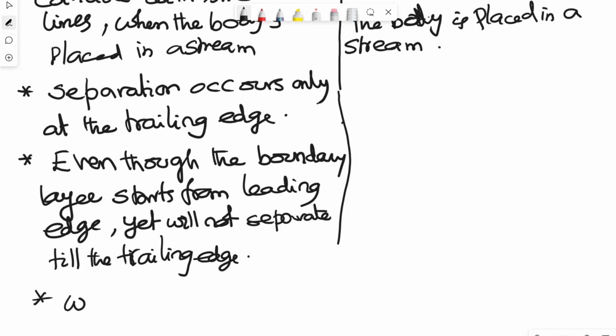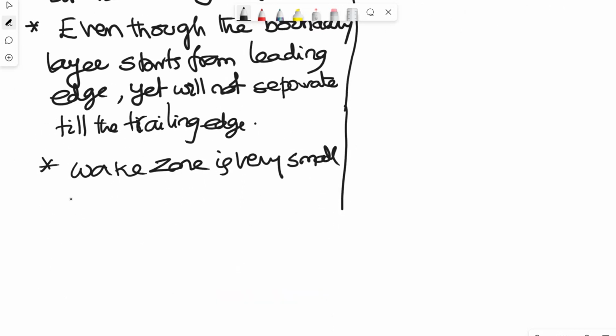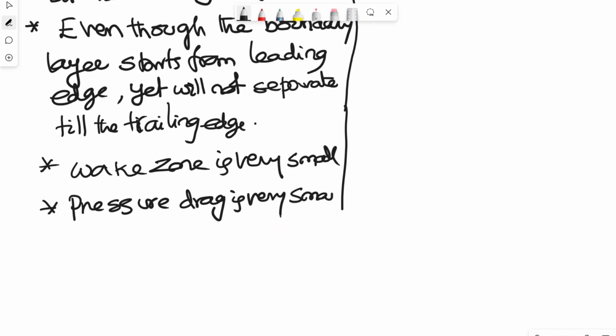Here, at the edge where separation occurs, the wake zone is very small. Right? Wake zone is very small means the pressure drag is very small, almost negligible.